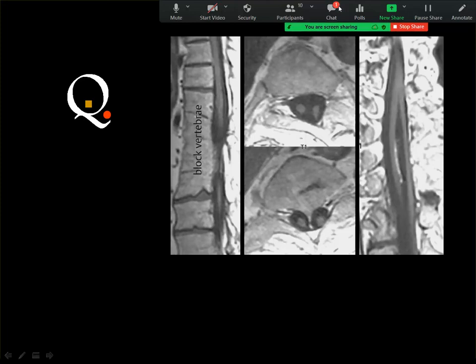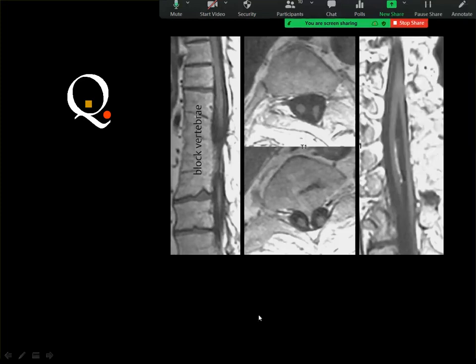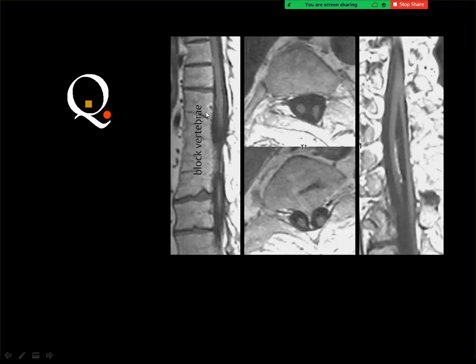What do you mean by type 2? Yes, diastematomyelia. There are multiple block vertebrae.